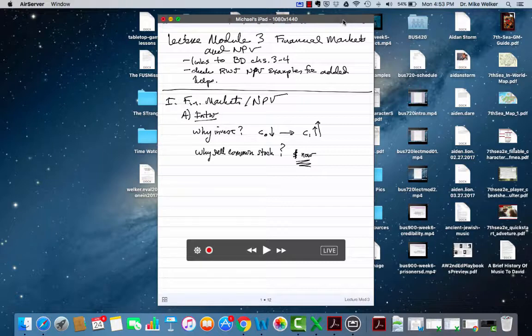This allows them to maximize the utility of consumption over time. So it's like economics and time kind of married together. That is the basis of the financial markets.